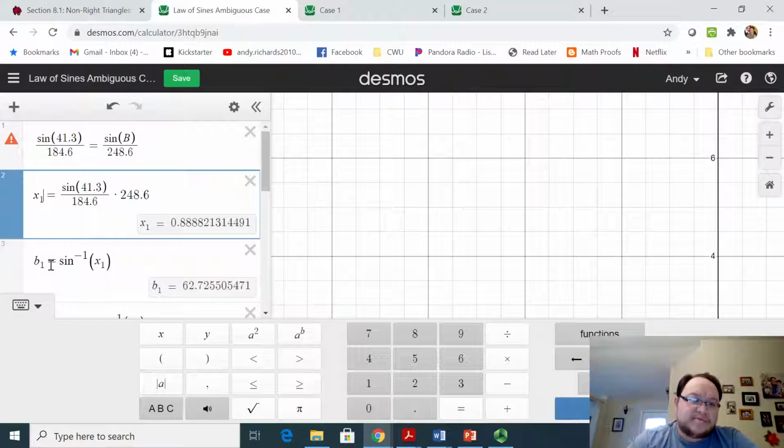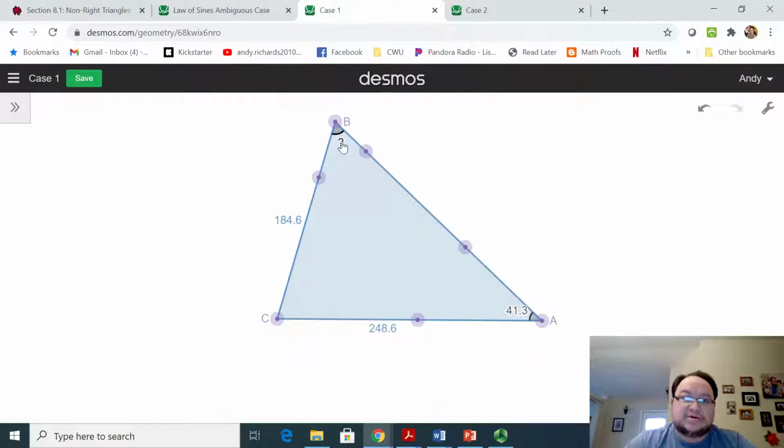So my first case is 62.7255. So my answer will give me the closest one to the origin there. That means this is my first quadrant answer, and that would be this piece of it here.